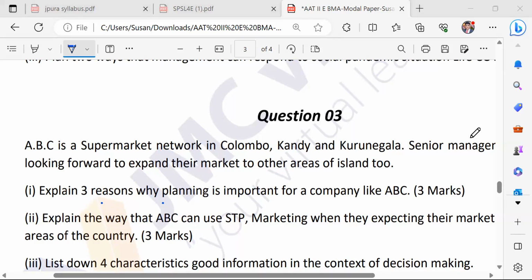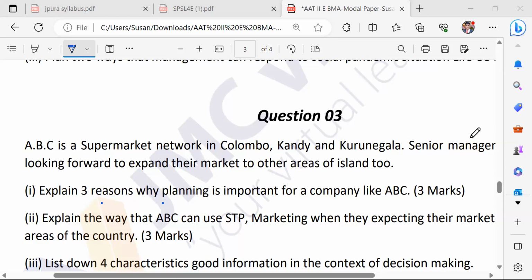This is one: avoid the uncertainty. And yes, it is improving the efficiency. We can plan to use resources efficiently.